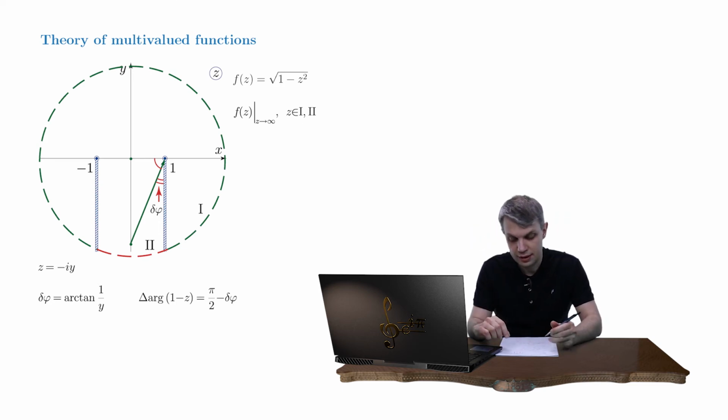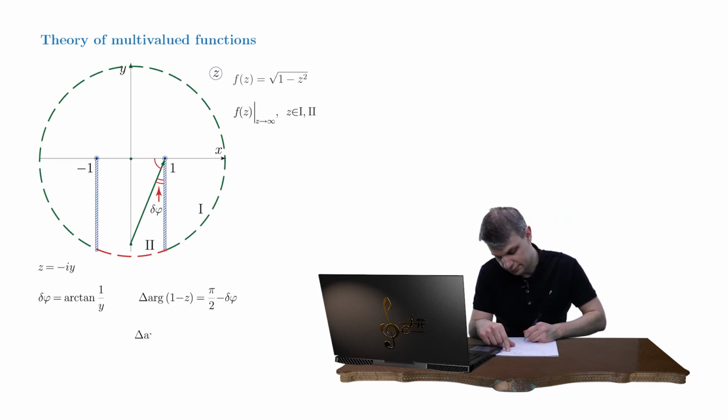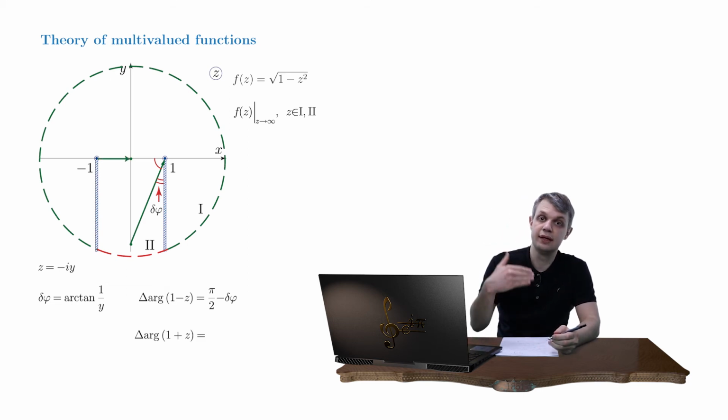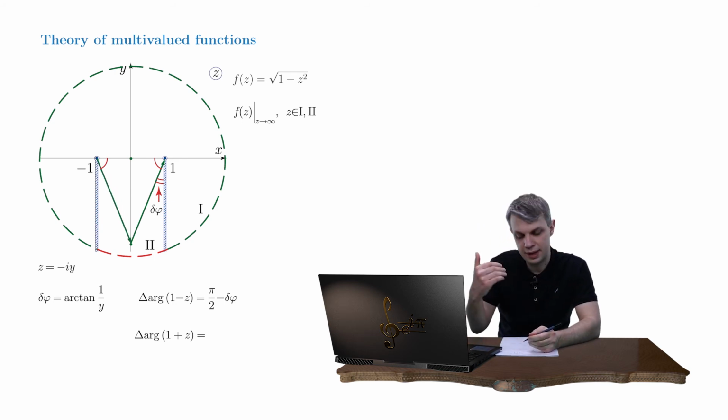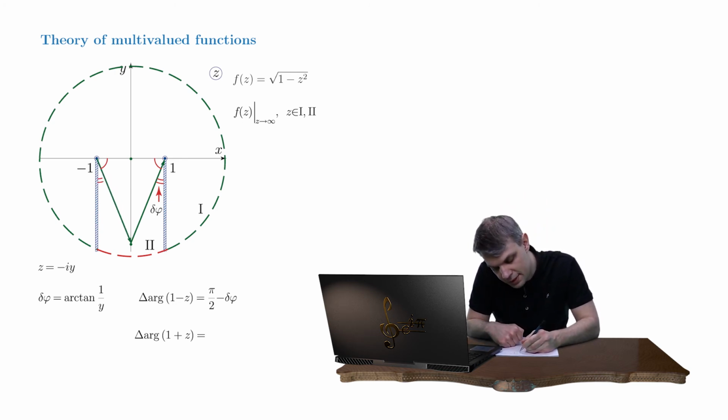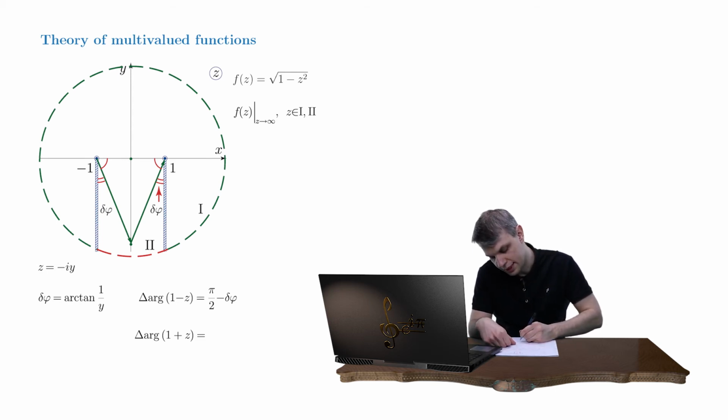Right? And what about number 1 plus z? You see that it rotates symmetrically, but in the clockwise direction, and again not quite by pi by 2, but pi by 2 with the same subtracted angle delta phi. So the delta argument of 1 plus z is negative pi by 2 plus delta phi.